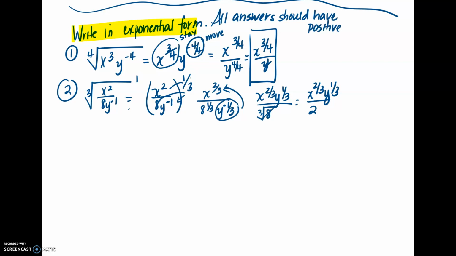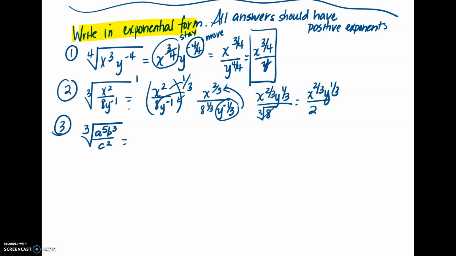Okay, we're going to do a few more of these before we move on. Let's look at the third one. So remember, these are in radical form, and we are just making them equivalent into exponential form. So we have the cube root of a to the fifth b cubed over c squared.